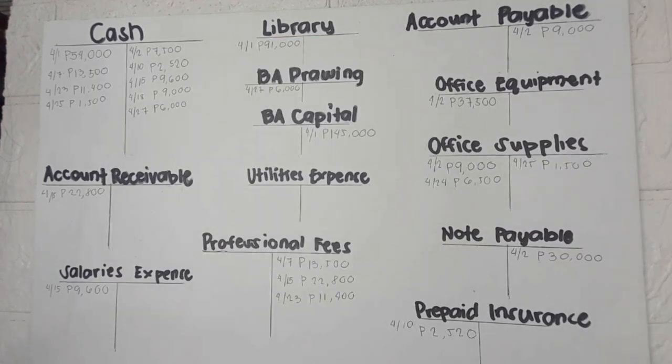On April 28, billed CDAZA for legal work completed, 15,000. So the account titles will be Accounts Receivable and Professional Fees. The 15,000 on accounts receivable will be on the debit side, and the 15,000 on professional fees will be on the credit side.